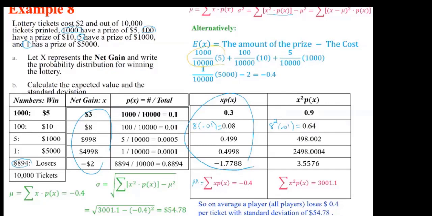For $10 winners, it's 100 divided by 10,000 times 10. For $1,000 winners, 5 over 10,000, and there's only one that wins 5,000, wins big. And all of them, if you add them up in this fashion, minus 2 gives you the same mu, or the expected value, negative 0.4. So this would be another approach, but the previous one is more detailed.